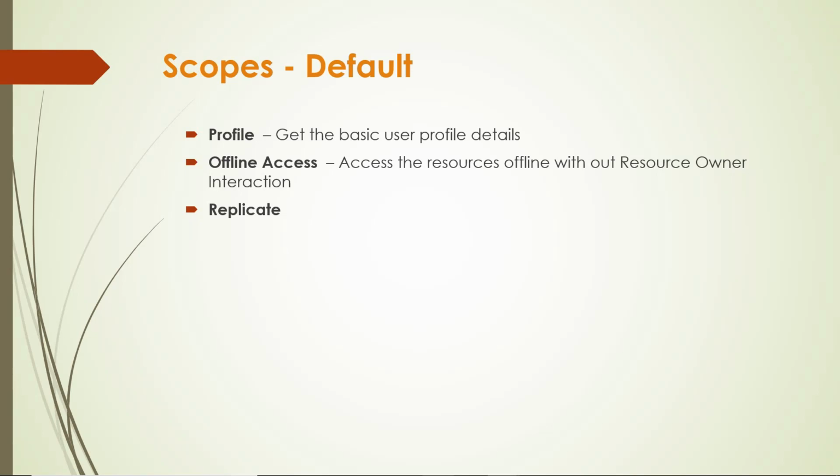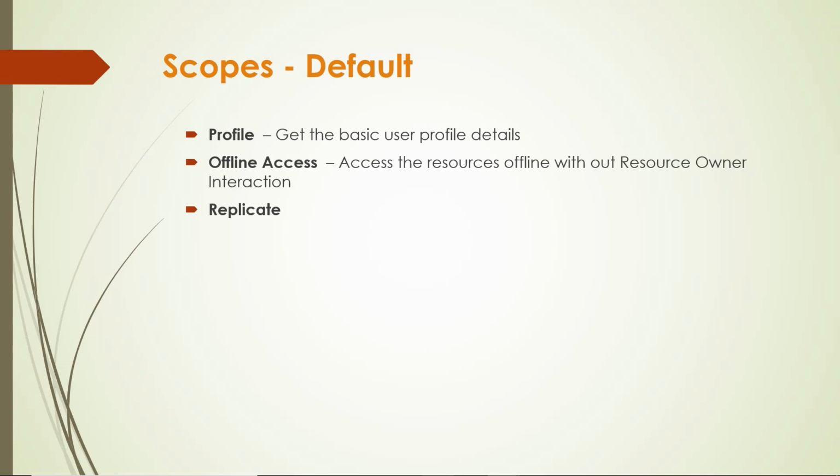The second one is offline access. As I already explained, this scope is used for accessing the resources offline, without resource owner interaction, with the refresh token. But that offline access alone you can't use, because offline access only provides the capacity to receive the refresh token, and with the refresh token you can access the resource without going for a resource owner approval or authorization every time.